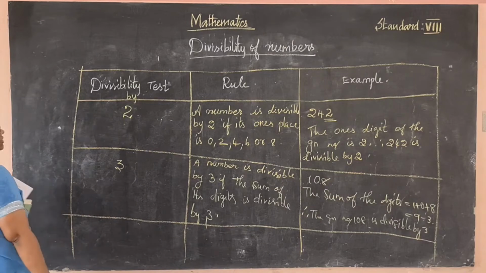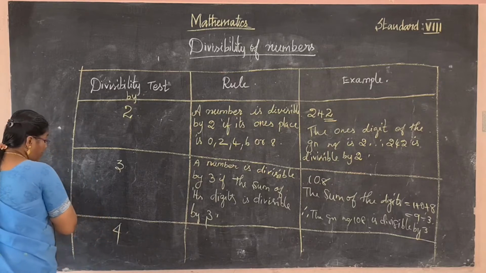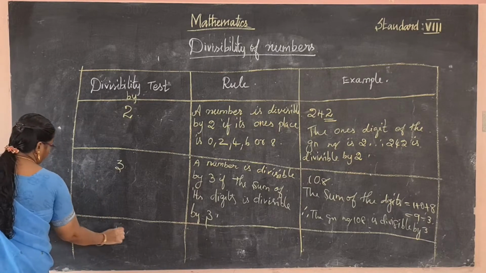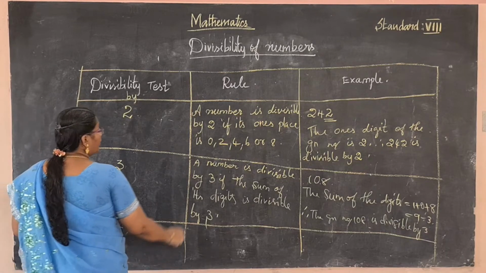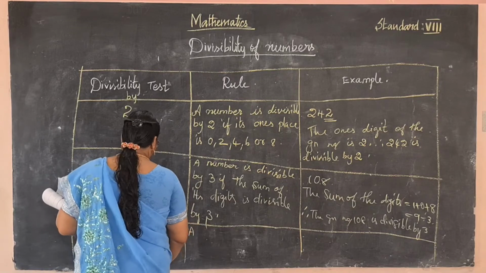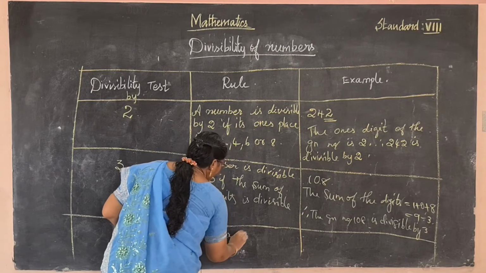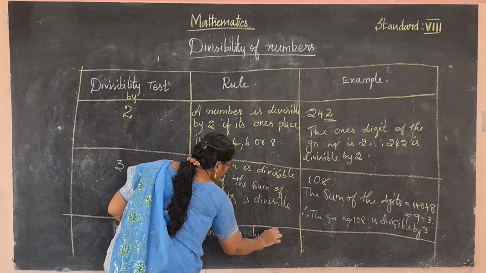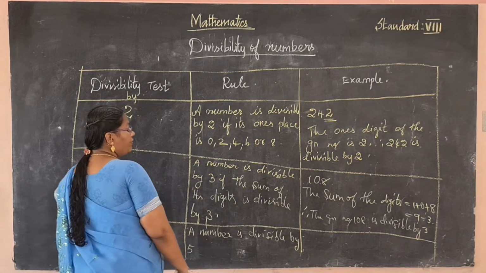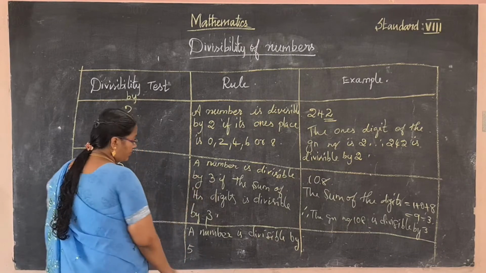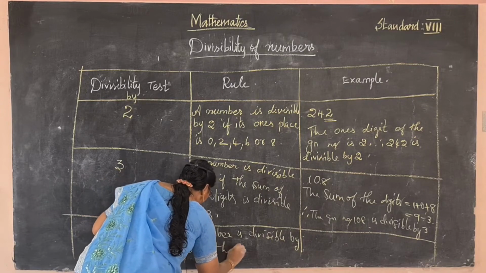Next is the divisibility test by 5. Sorry, in your book the test by 4 is not given, only 5. A number is divisible by 5 if the ones digit is 0 or 5.